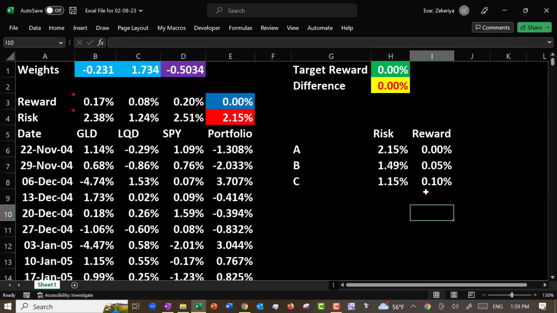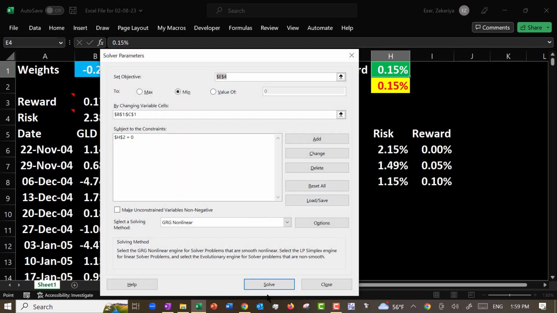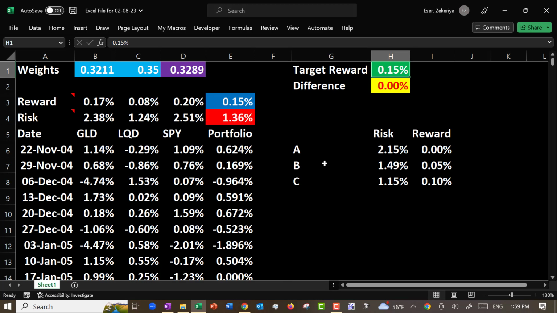Now let's add 5 basis points each time. If I want portfolios that make 15 basis points a week, I should be willing to take a risk of 136. Okay.